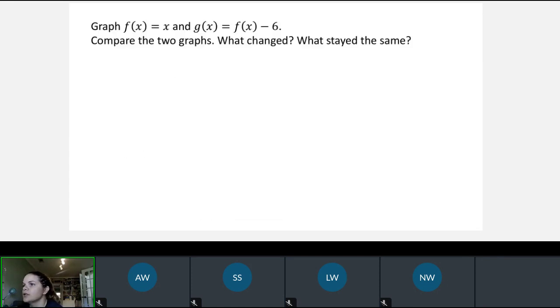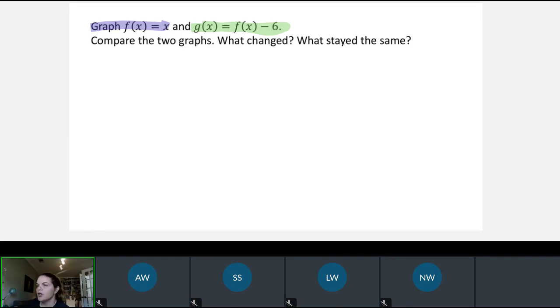So what does it look like on the test? Well, this is what it will look like. Compare the graph f of x equals x and g of x is f of x minus 6. What changed and what stayed the same?